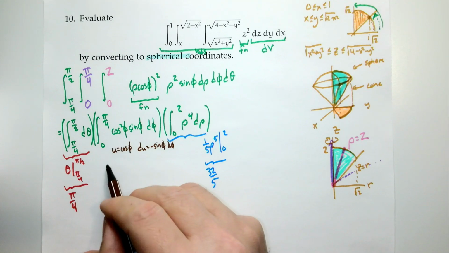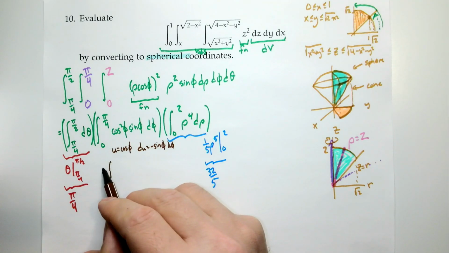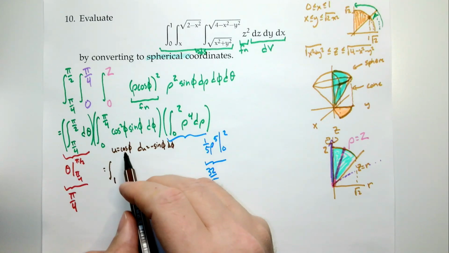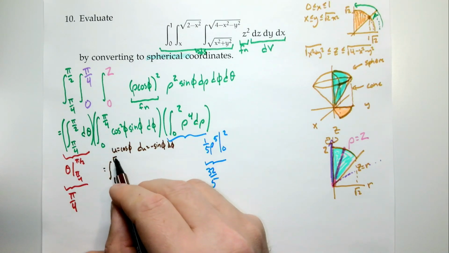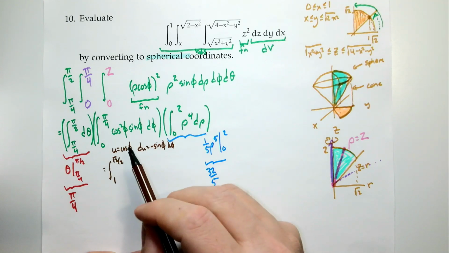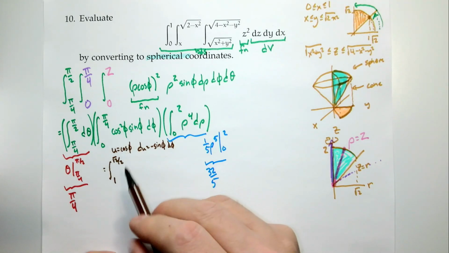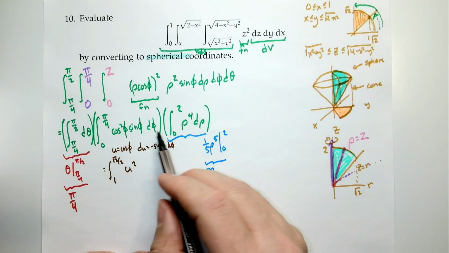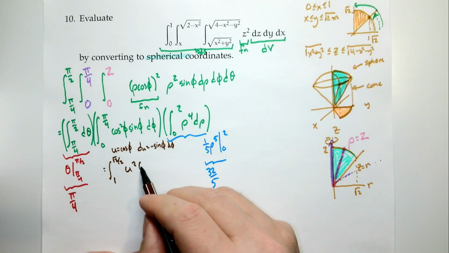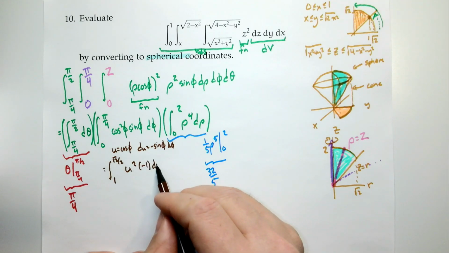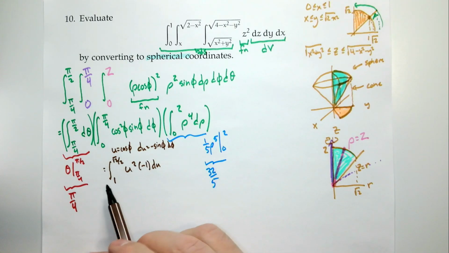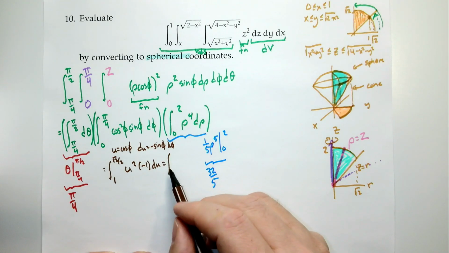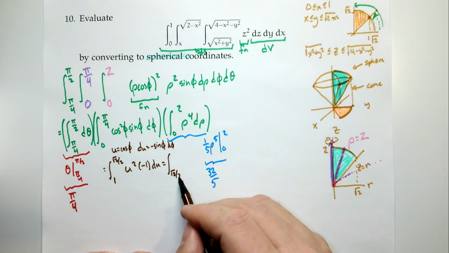So, what do we get? This will be integral. Cosine of 0 is 1. Cosine of pi over 4, root 2 over 2. Then cosine squared of phi is u squared, and sine phi d phi is a minus du. So there's a minus sign. Well, there's also the bounds are kind of in a weird order. So we'll just flip the bounds and get a better order.